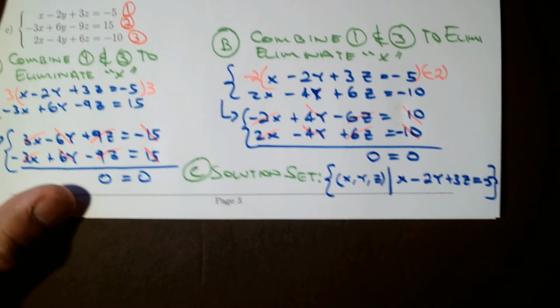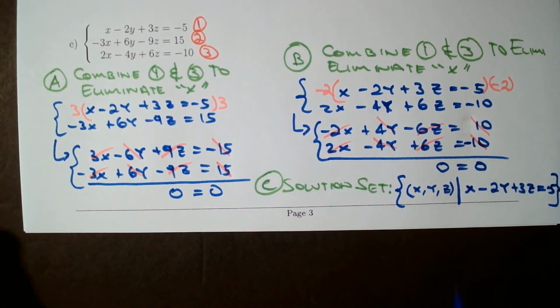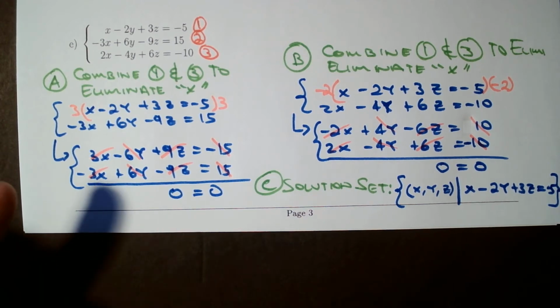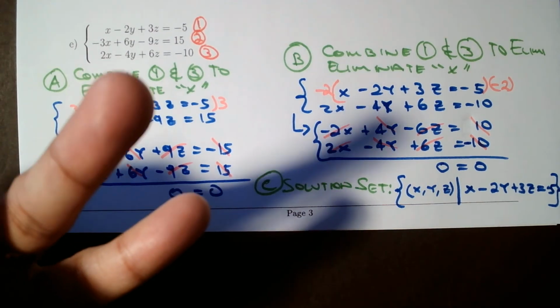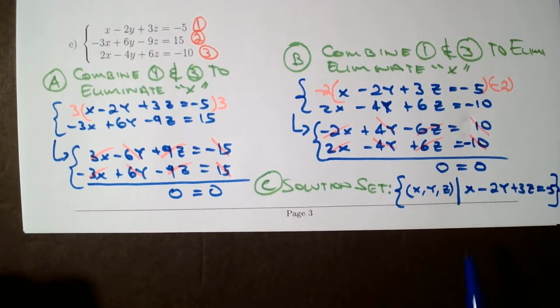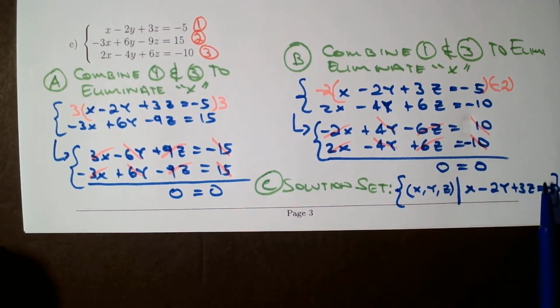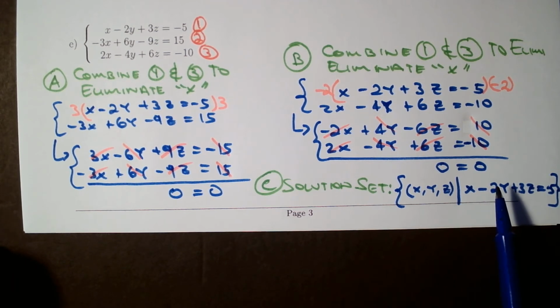So when you do this homework part on MyMathLab, you're going to have three options. Number one, the actual ordered pair like the first two examples, no solution, and infinitely many solutions, one of them being this case.